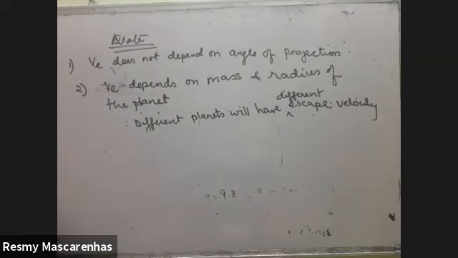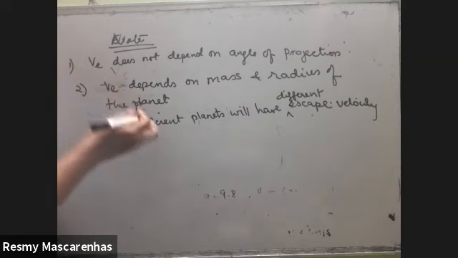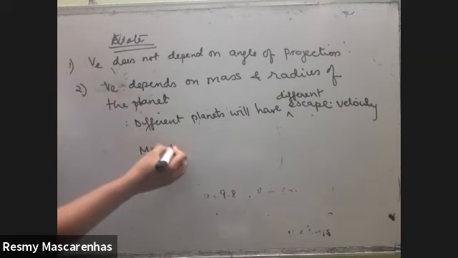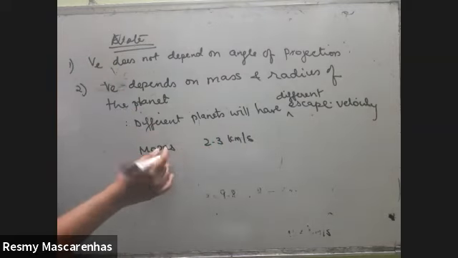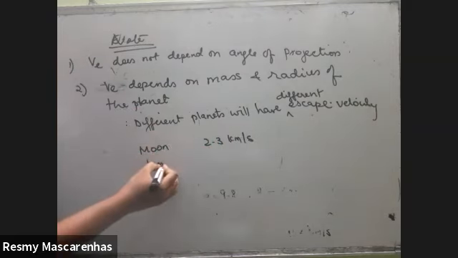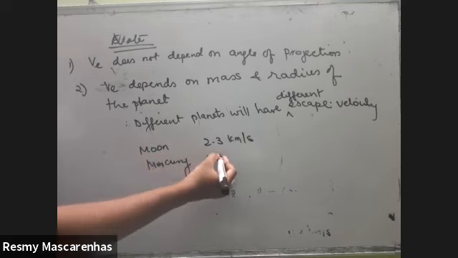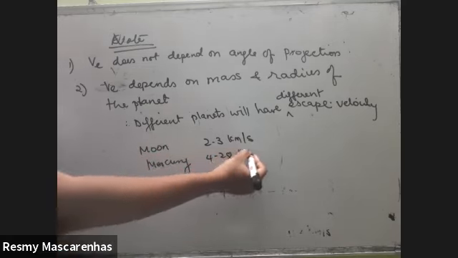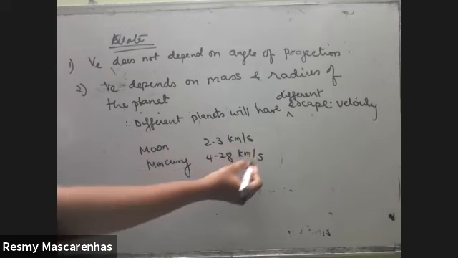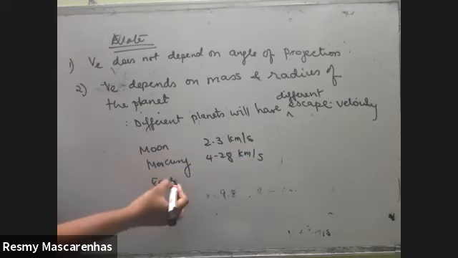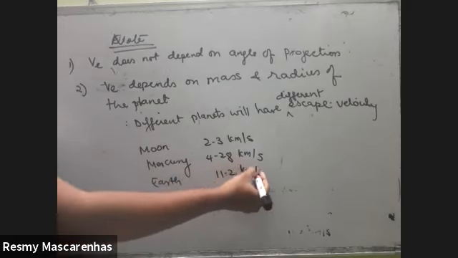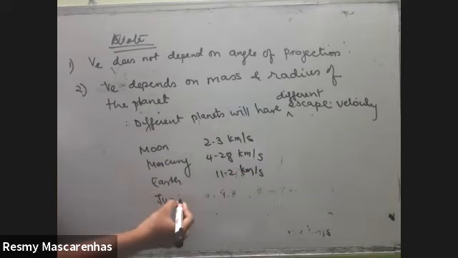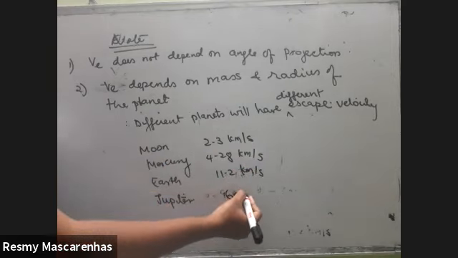If you just want to know for information, the Moon's is 2.3 kilometers per second. Mercury is 4.28. Earth is, we know already, 11.2 kilometers per second. Jupiter is 60 kilometers per second.